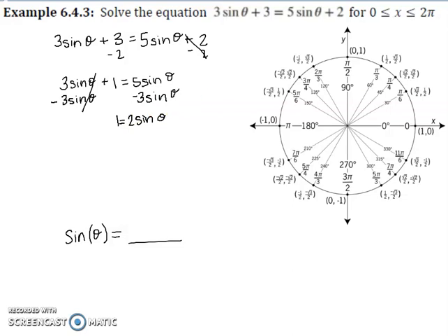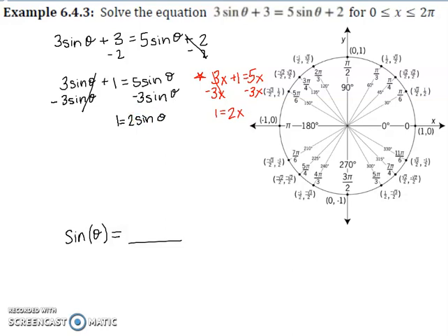If you're uncomfortable with that, basically what I did is I said, I've got 3 of something plus 1, and that's equal to 5 of that same thing. So I took those 3 somethings from the left and from the right, and I'm left with 1 is equal to 2 times something. Here that something is just sine of theta.